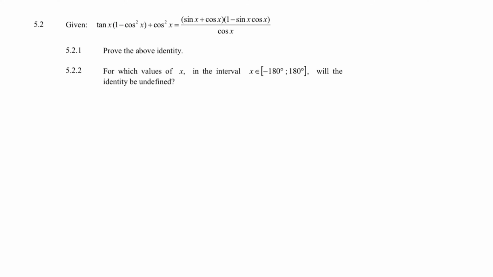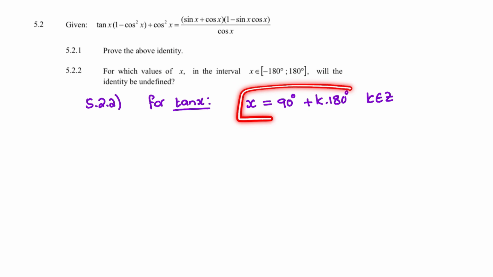And on the right-hand side, the fraction would be undefined if cos x is equal to 0. So first, we would say for tan x, the identity is undefined at the asymptotes of tan x. So that is x equals 90 degrees plus k times 180 degrees. So what I'm doing now is I'm just writing down the general term for which the identity would be undefined.